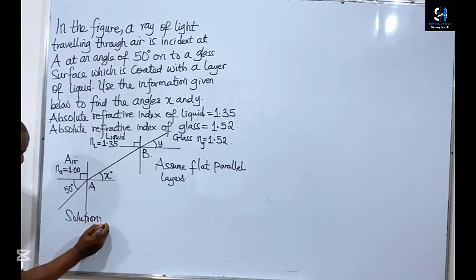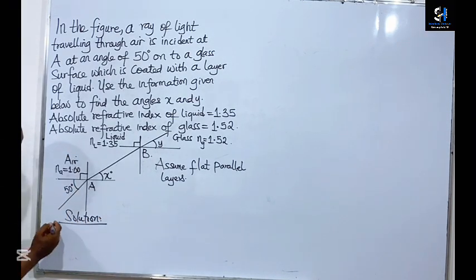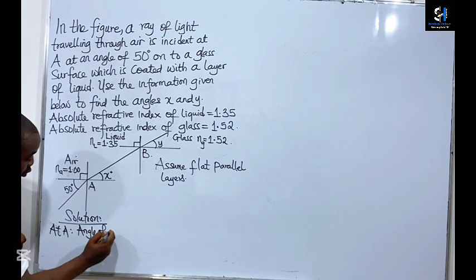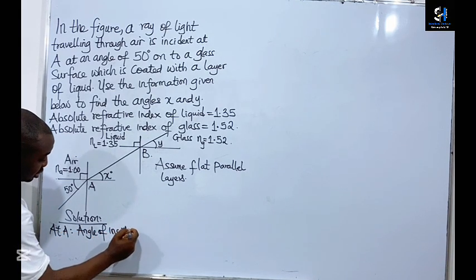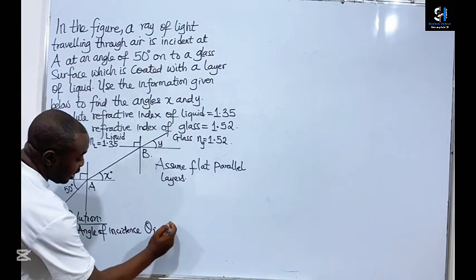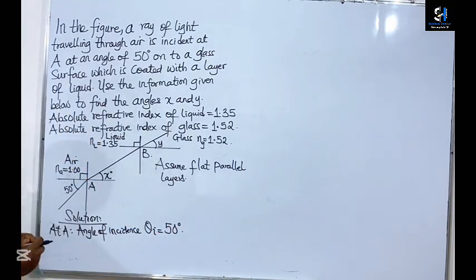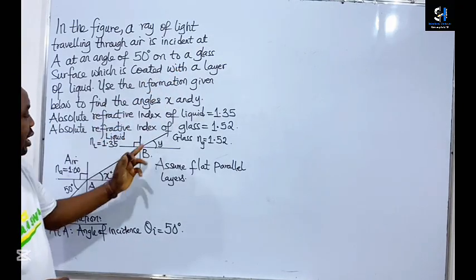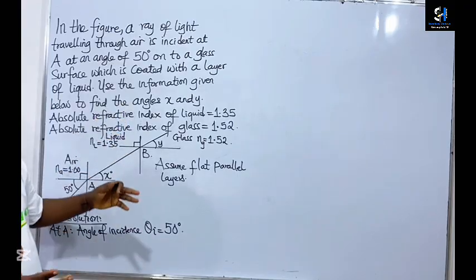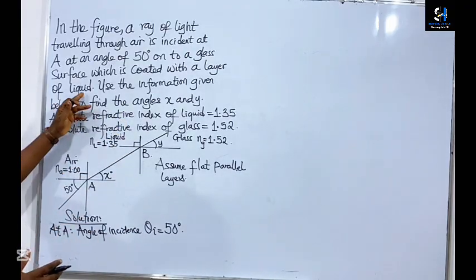So first, we have the angle of incidence at A. That will be theta I, which equals 50 degrees, onto a glass surface which is coated with a layer of liquid.